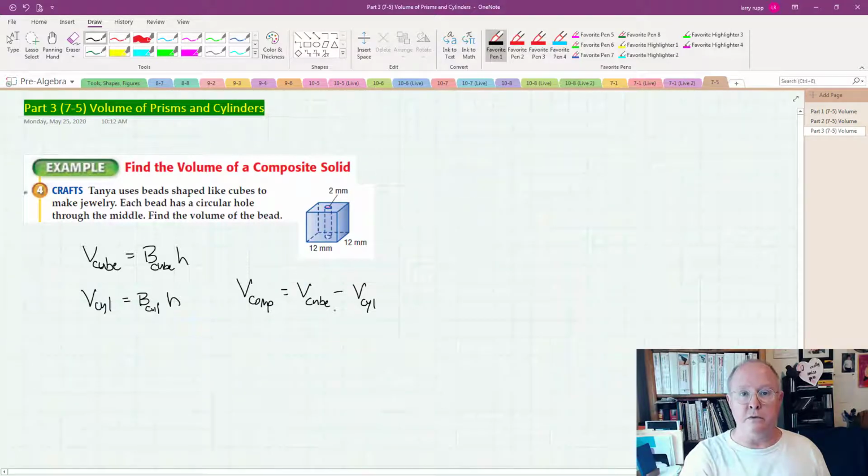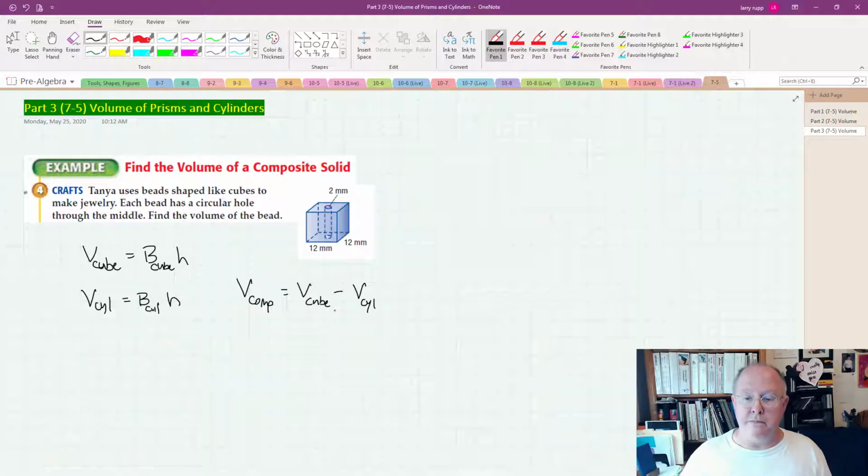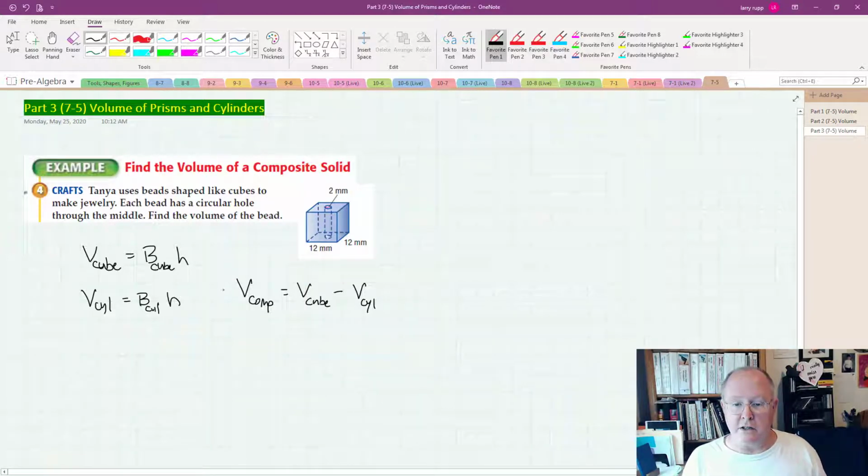You basically have removed that material. So you've removed it out of the volume. So the cube, the total volume is that cube minus whatever that cylinder, that hole you drilled through it. So this is our top level formula right here. Okay, the volume of the composite figure is equal to the volume of the cube minus the volume of the cylinder.